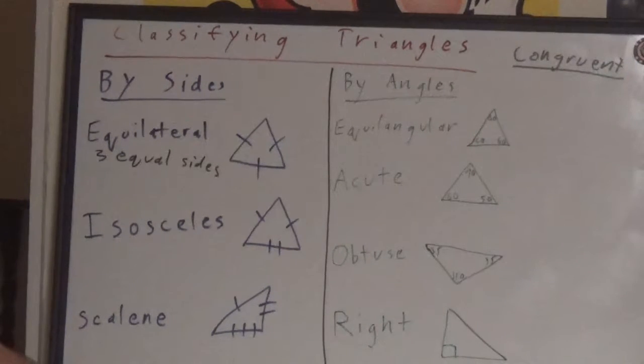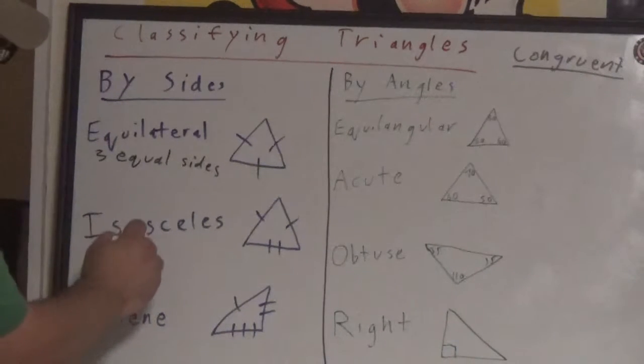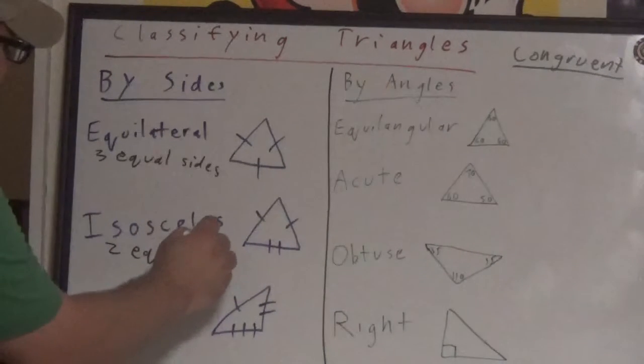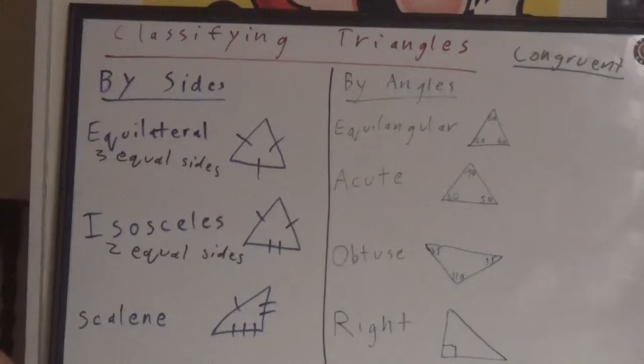It got a different number of marks, which means it is a different length. That is because an isosceles triangle has 2 equal sides. So 2 equal sides in isosceles.